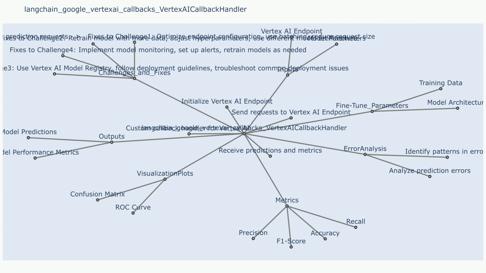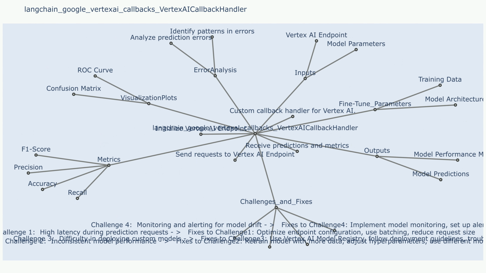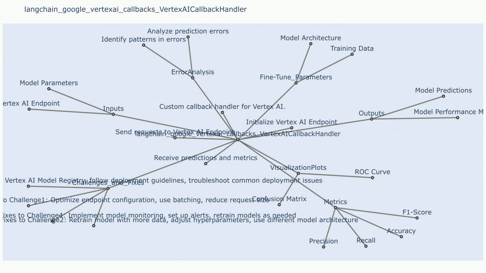Steps: initialization: the callback initializes itself with the provided settings and connects to the specified Vertex AI environment. Chain execution tracking: it monitors the execution of the provided LangChain chain. Log event recording: it records chain start, end, step execution, and other events in the Vertex AI experiment.